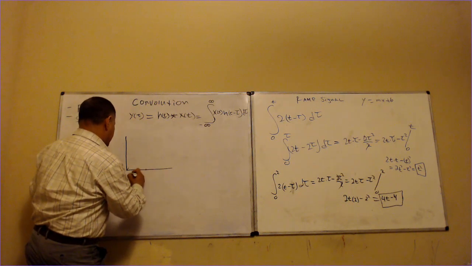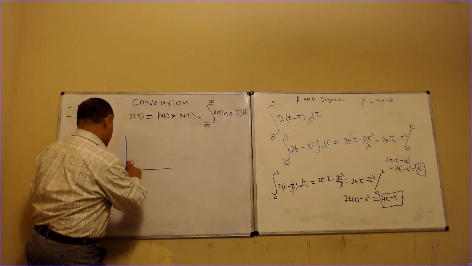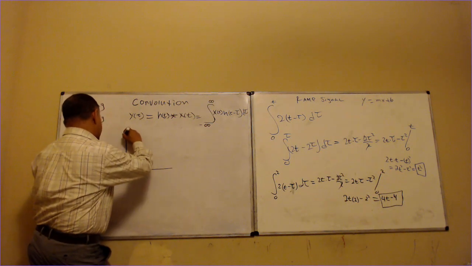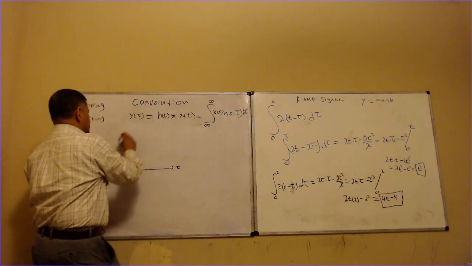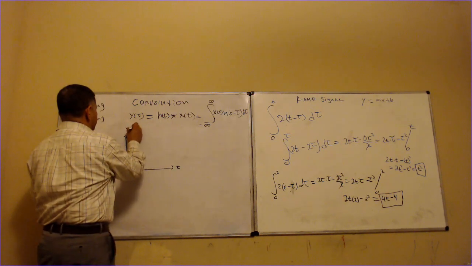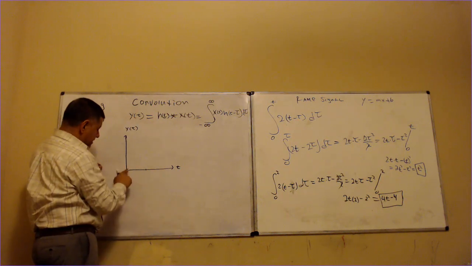This is a 1. It's going to be rough to do this. All right, so we can call it y of t. That's that guy.